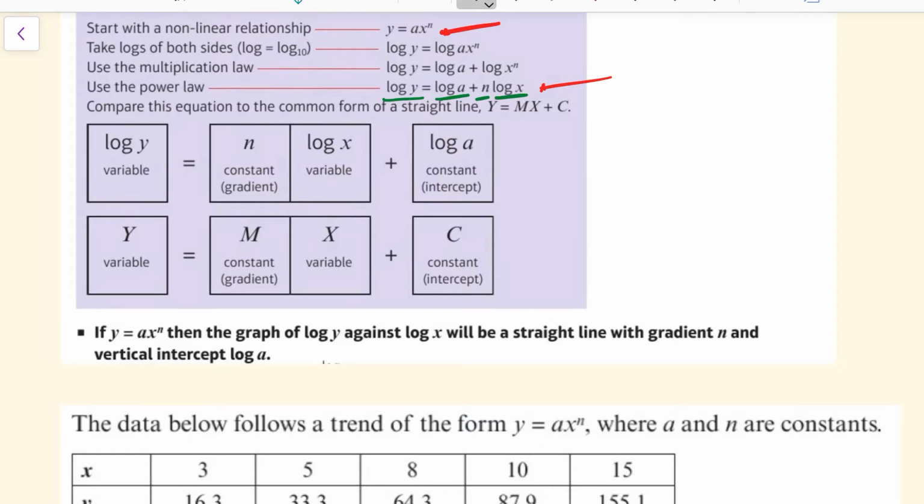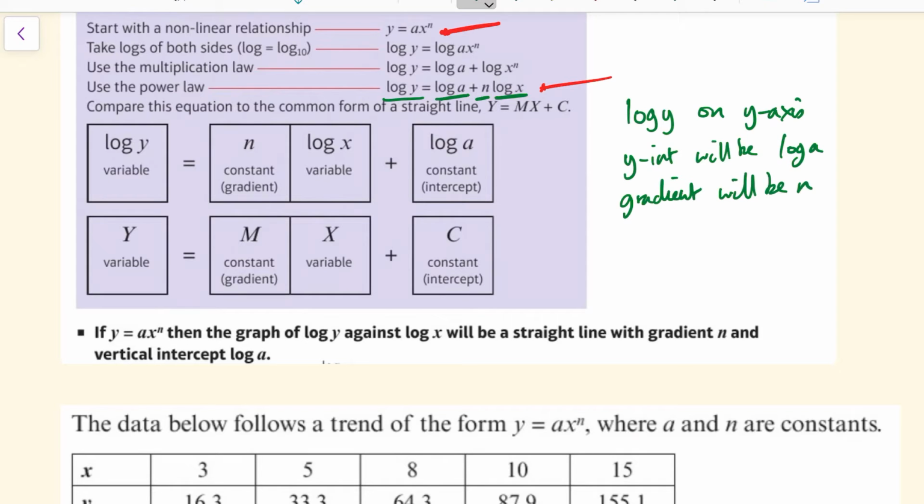Just looking at this, if we plot log y on the y-axis, then our y-intercept will be log a. Our gradient will be n, so we need to have log x plotted on the x-axis.